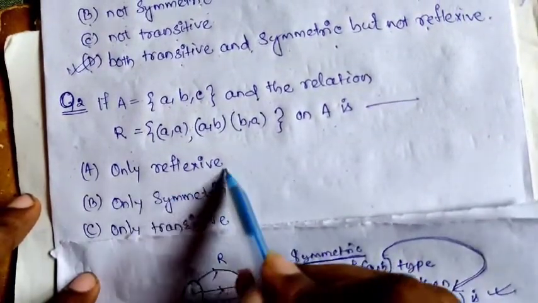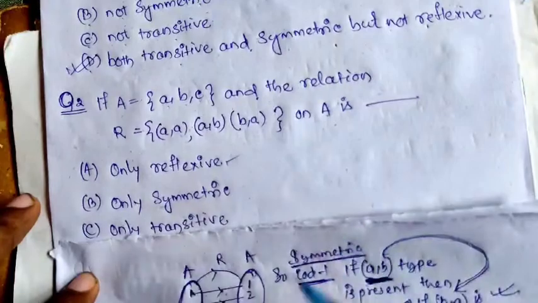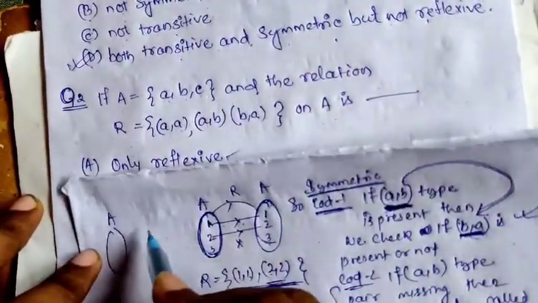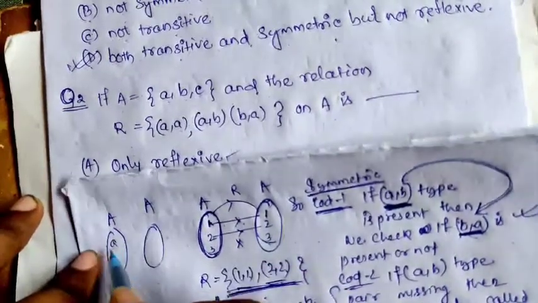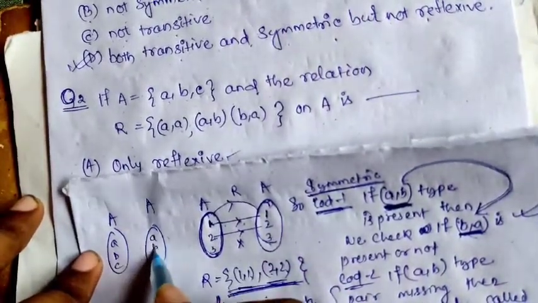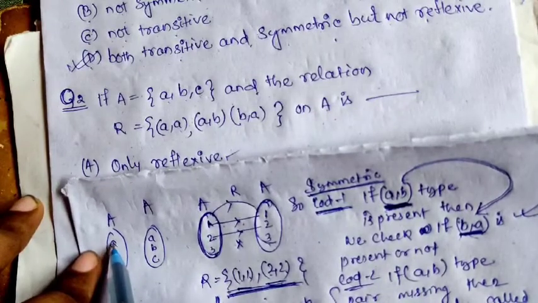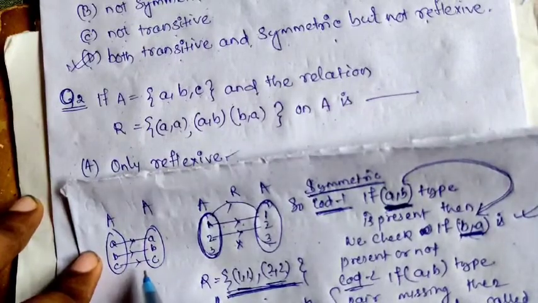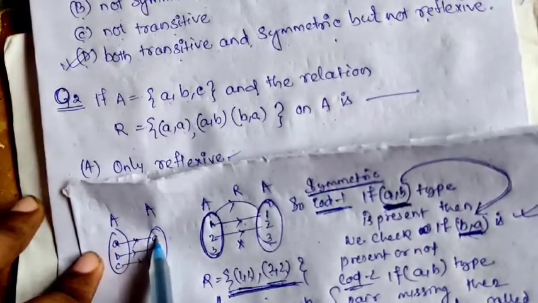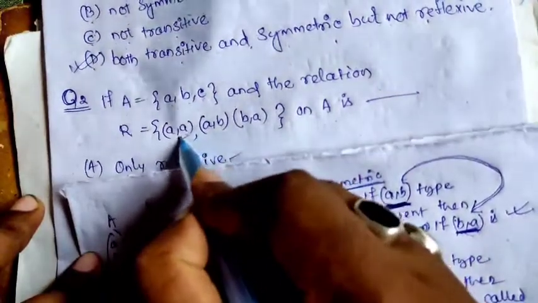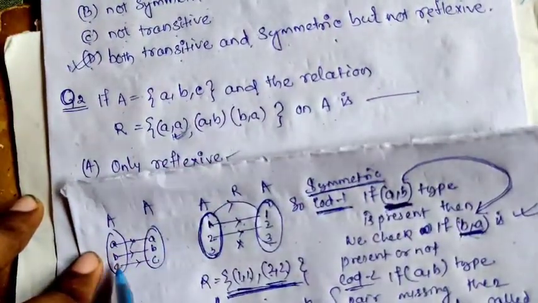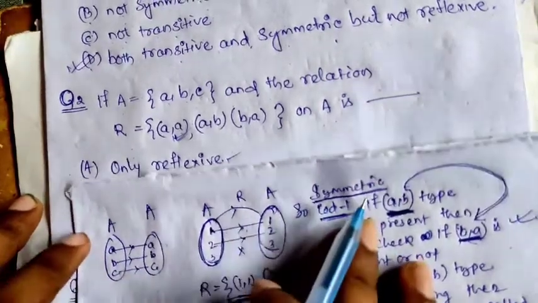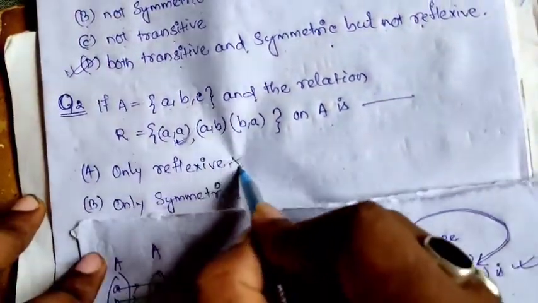So first we check reflexive: each element of set A should map with itself, that is A maps to A, B maps to B, C maps to C. Here A maps to A is present, but B maps to B is absent, C maps to C is absent, so it is not a reflexive one.